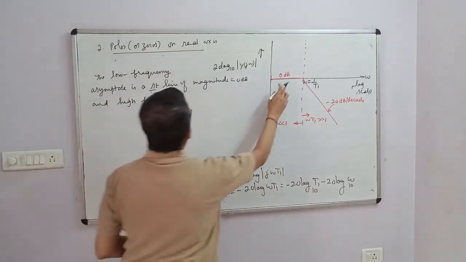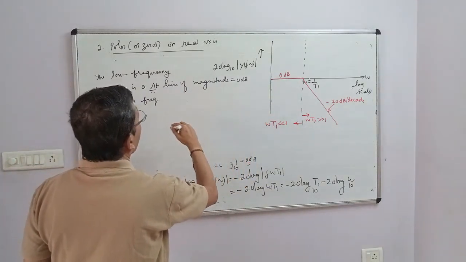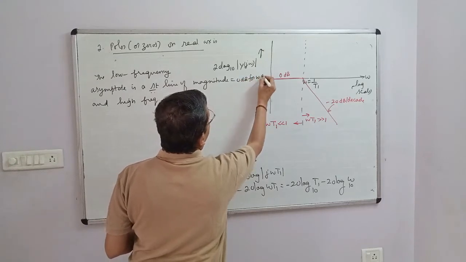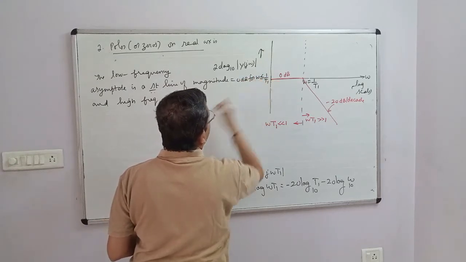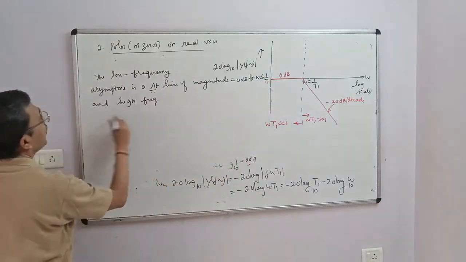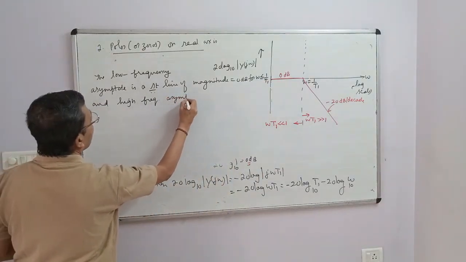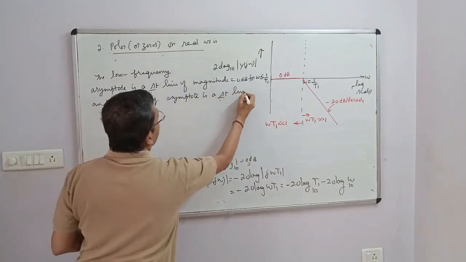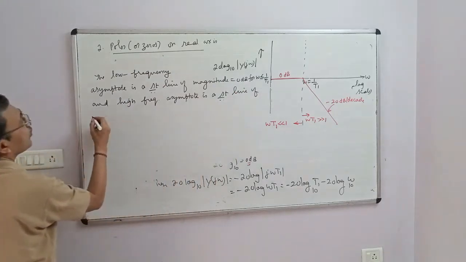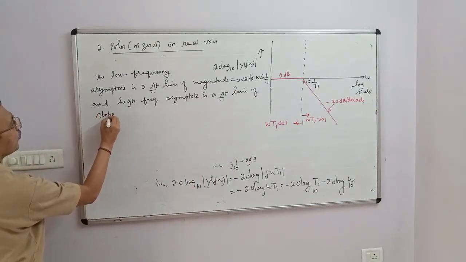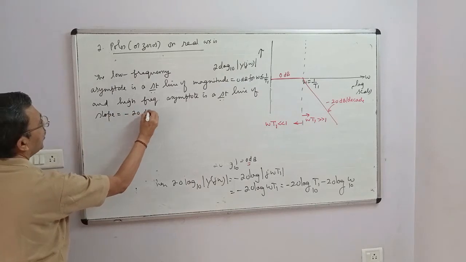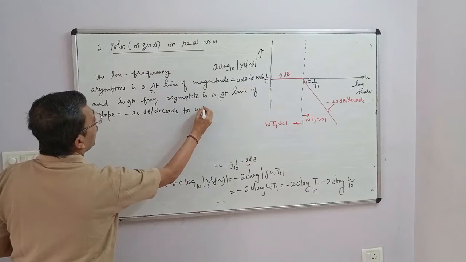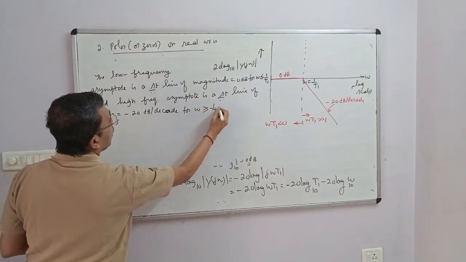this is low frequency asymptote. Low frequency asymptote is a straight line of magnitude equal to 0 dB for omega less than or equal to 1 by T1. And high frequency asymptote is a straight line of slope equal to minus 20 decibels per decade for omega greater or equal to 1 by T1.